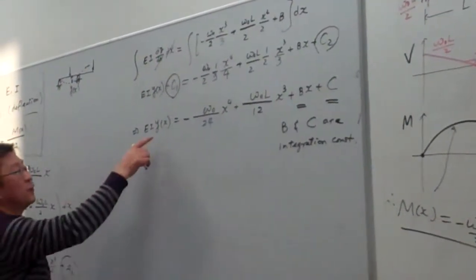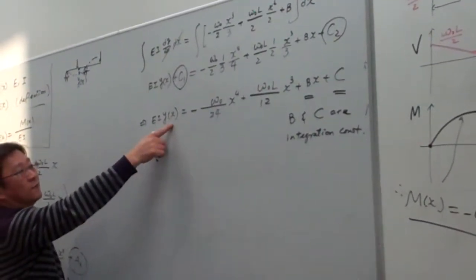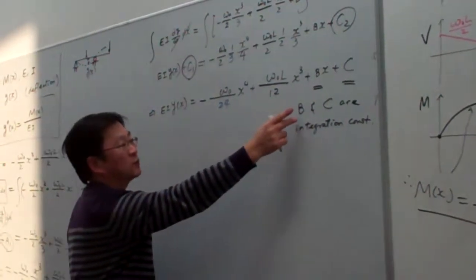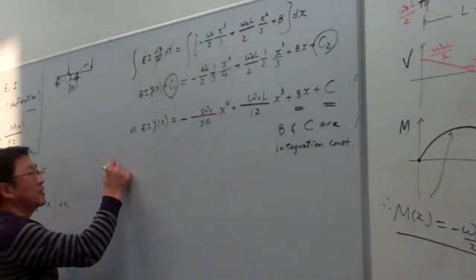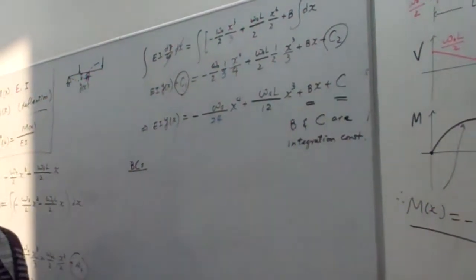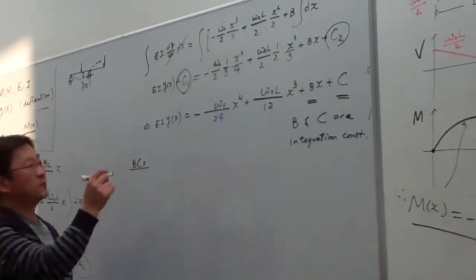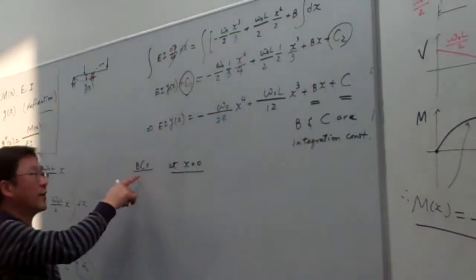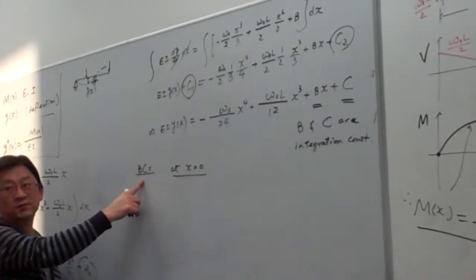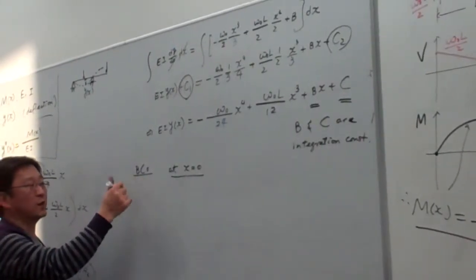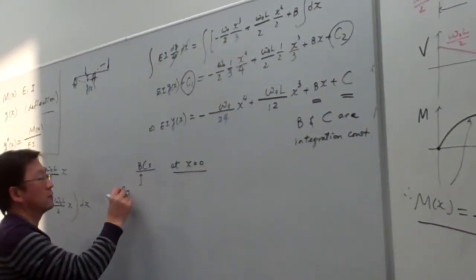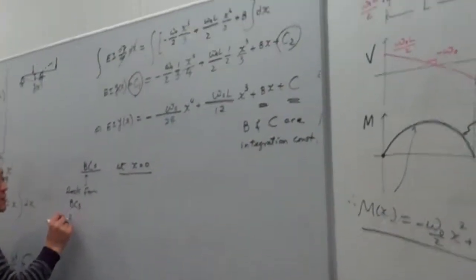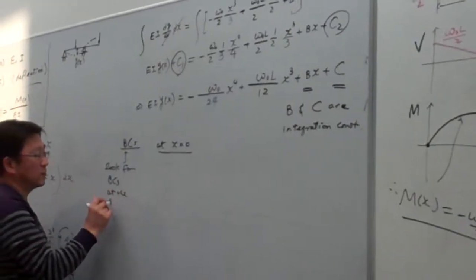So this is our deflection. You can see y of x has totally appeared here, as long as we can solve for B and C. So the boundary conditions for this problem: the first one is at the support. We're looking for the boundary condition at the support. Okay, that is the easiest way.